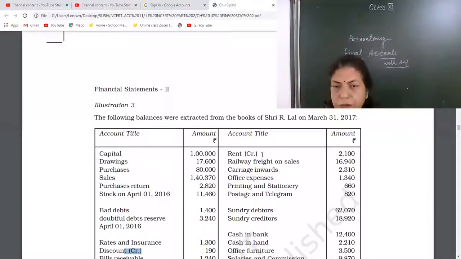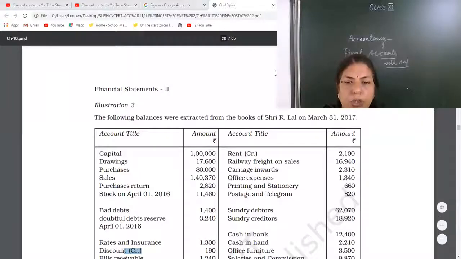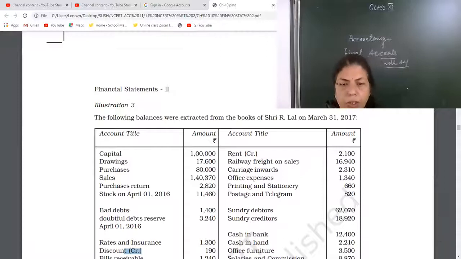See, this is on the sales side, not inward, not on purchase. That's why it is to be shown in the P&L account. Clear? Now carriage inward means the carriage paid on purchases. That's why it is in trading account.